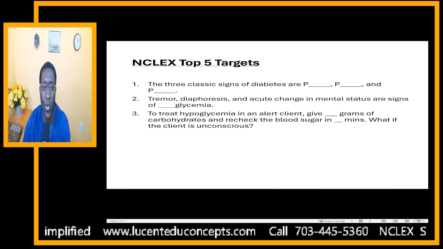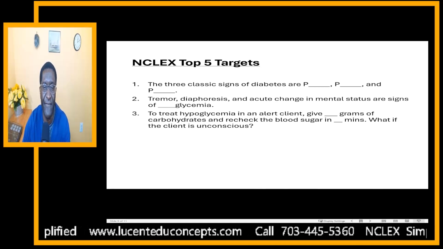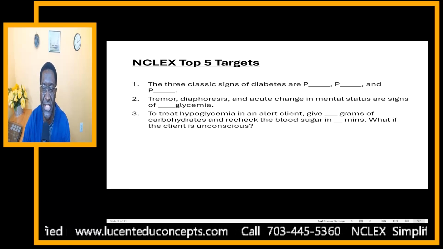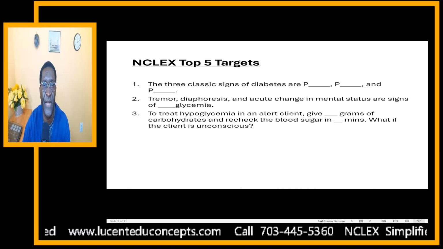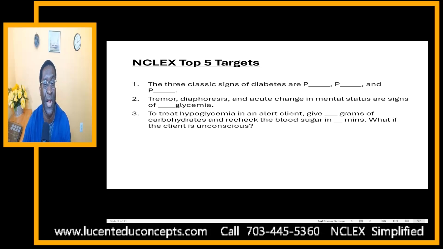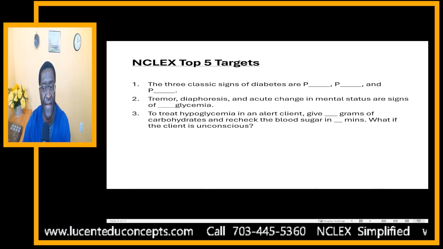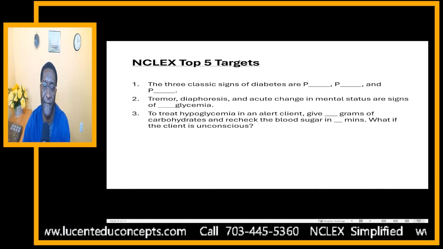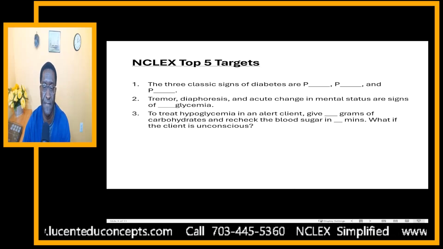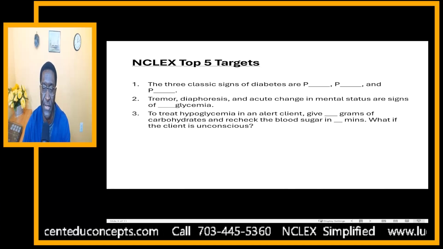To treat hypoglycemia in an alert patient, give 15 grams of carbohydrates and recheck the blood sugar in 15 minutes. Especially when it comes to hypoglycemia, it's all about 15, 15, 15. Now, what if the patient is unconscious? That is when we give glucagon IM to the patient.